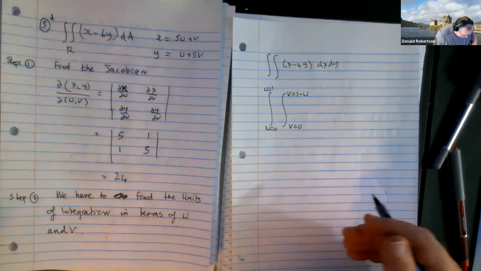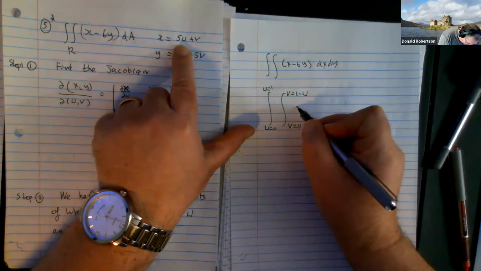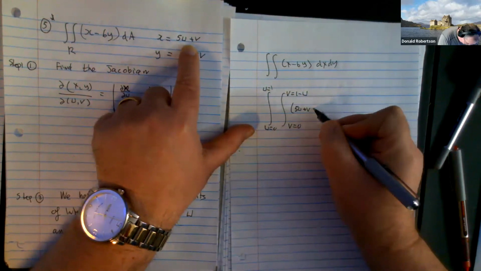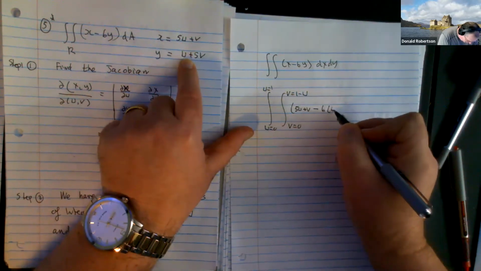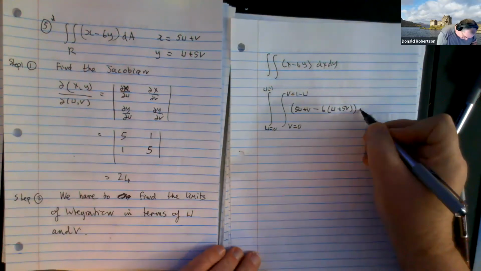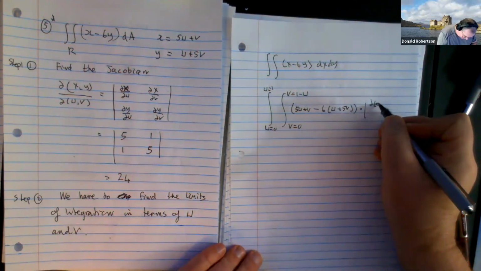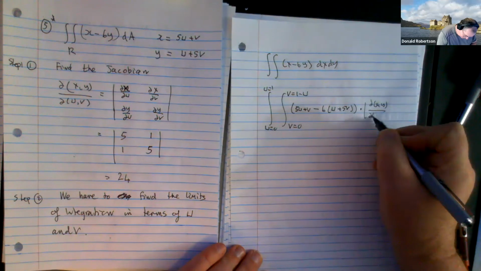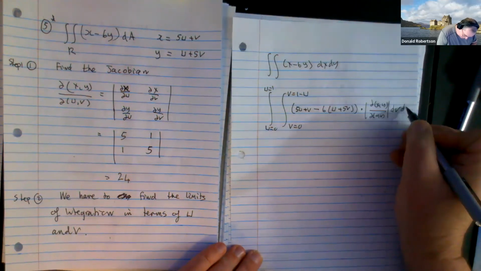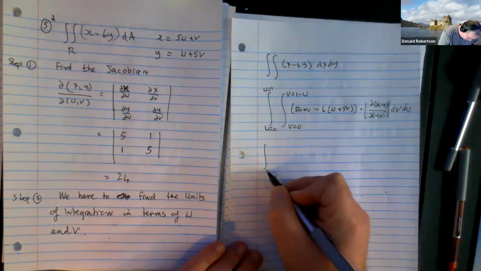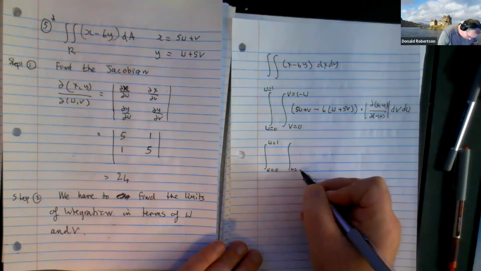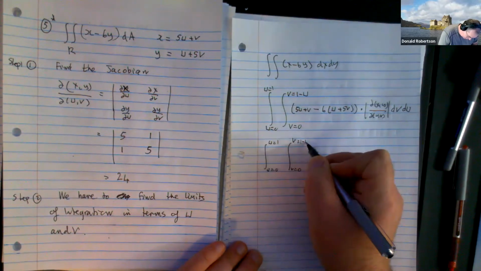The x is going to become 5u add v, take away 6y, which is going to be 6u plus 5v, times the Jacobian, dv du. So I have u equals 0 to 1, v equals 0 to 1 minus u.